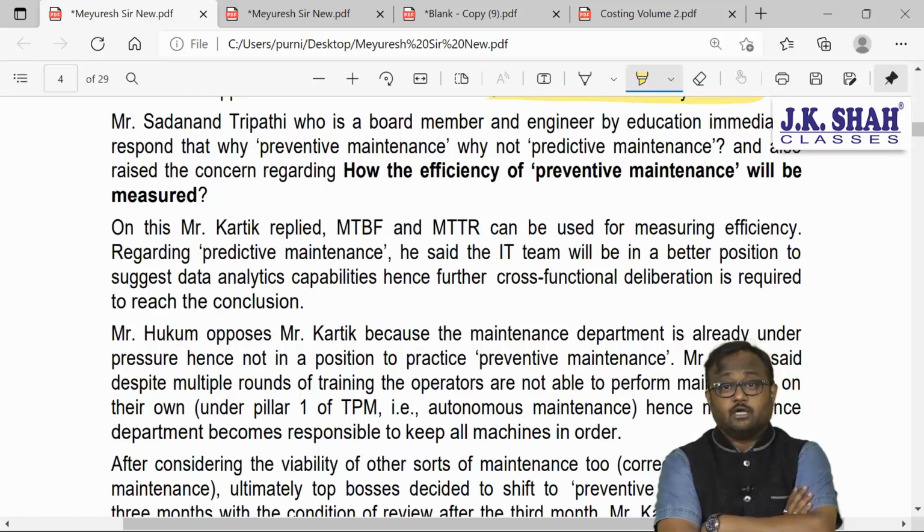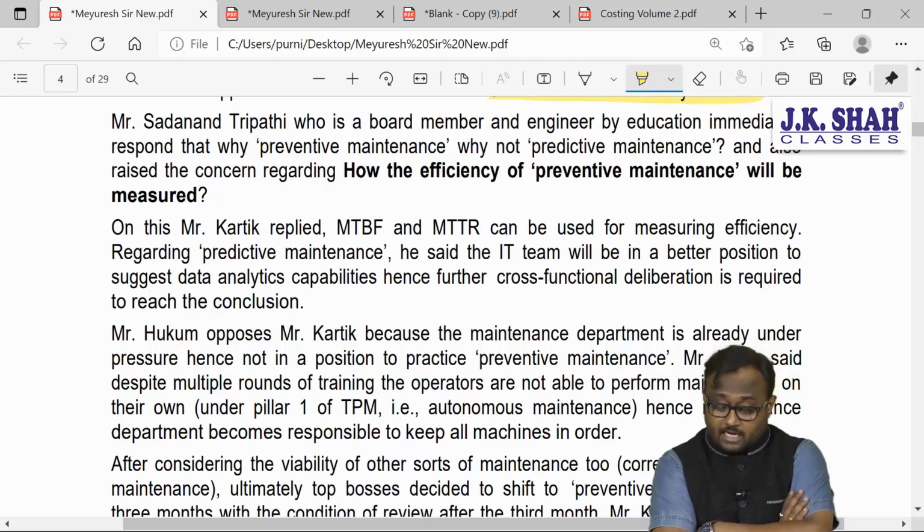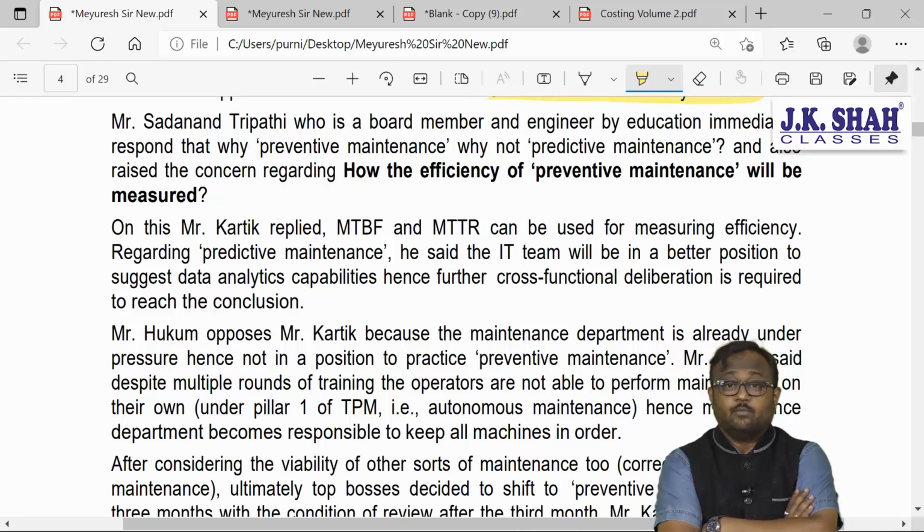Preventive maintenance is a continuous process, and predictive maintenance will be implemented only if the team feels like implementing it, because that depends on the condition of the machine. For example, you give your vehicle for servicing once in 6 months. It's a new vehicle, you give it for servicing as and when the number of kilometers criteria you meet.